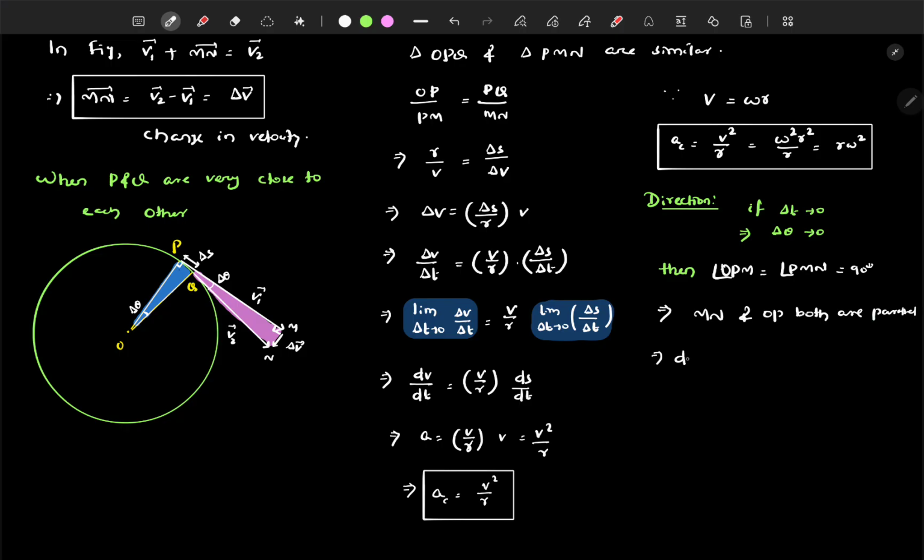Which implies the direction of centripetal acceleration is along the delta v vector, which implies the direction of centripetal acceleration is towards the center. Because what is the direction of the delta v vector? Towards the center, that is P to O, at point P. Just write this, that's all.